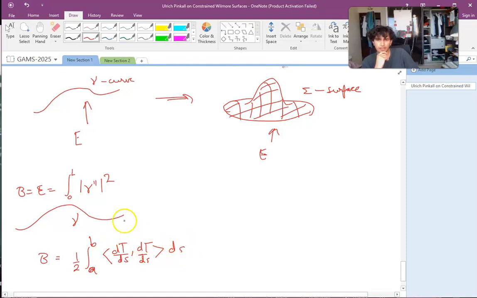It's pretty easy to see why these two are equal, and it comes from the simplification. And this is t at any point. T is equal to the first derivative of this. The tangent is given by the speed of the curve, or just the first derivative of the curve.